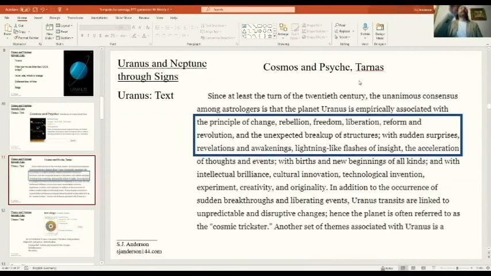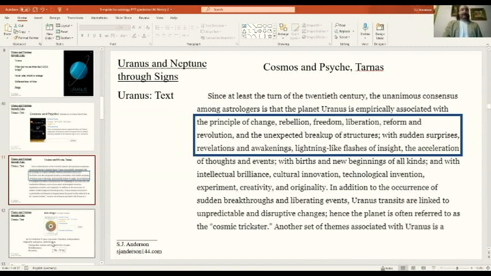So he's claiming that second prong of observation, that through observation he has developed this list of significations. Now we have a text from that observation that we can plug into our own observations, and it becomes this kind of loop where we develop significations of the planets through time. It's how astrologers work together across centuries, and you're part of that tradition, I'm part of that tradition, if you want to be.